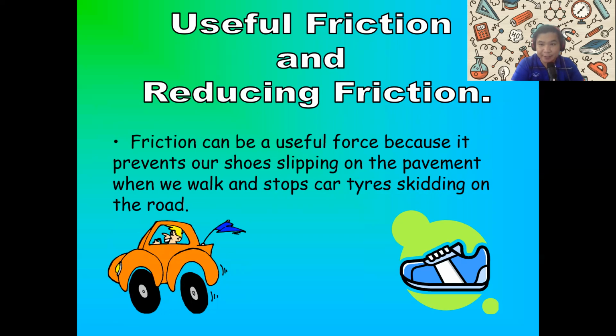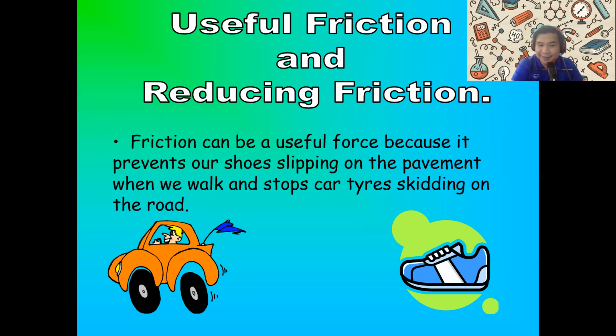Friction is useful, especially if you have a car, because the car needs to be able to stop whenever the driver wants it to stop. It would be very dangerous if, when you try to put on the brakes of a car, it would not brake because the friction is no longer there.